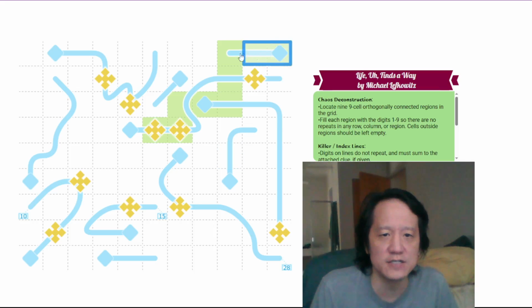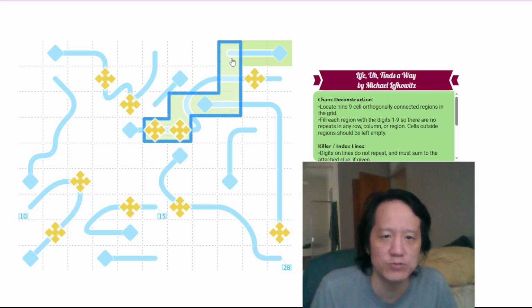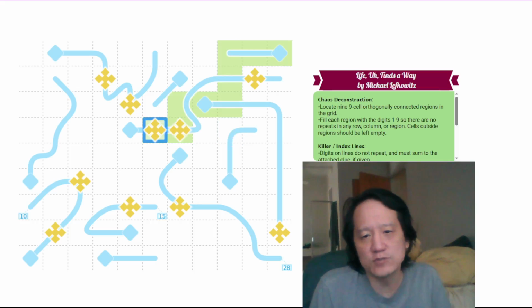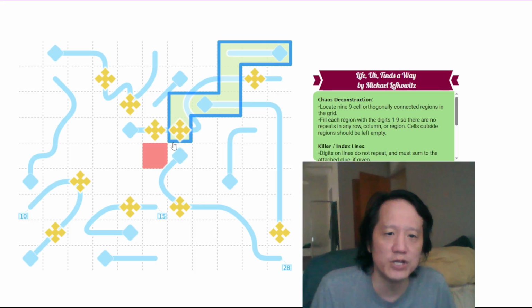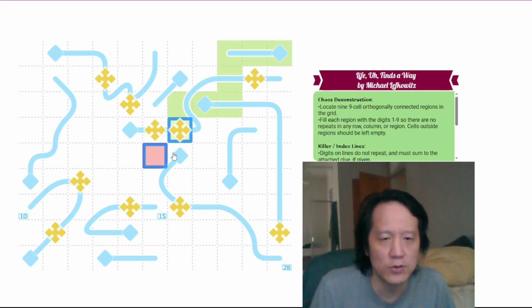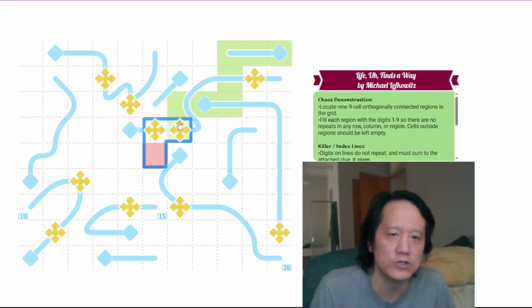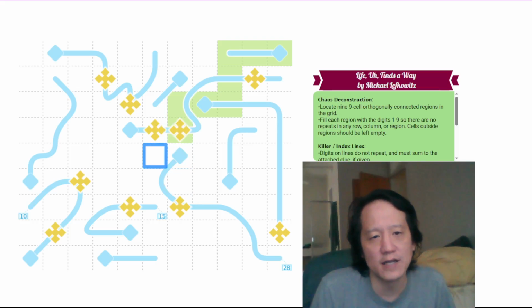So this is an example of a valid 9-cell orthogonally connected region. This would not be, because to get from this cell to any other of the cells in the region, you would either have to go through a corner or go through an edge, but go outside the region to connect. So that's not allowed.